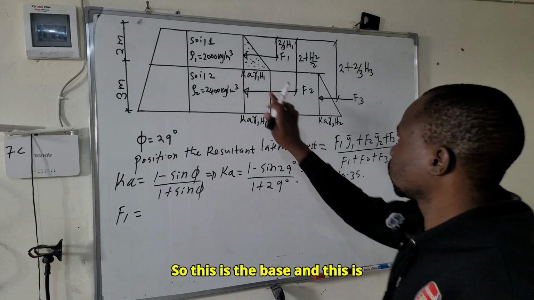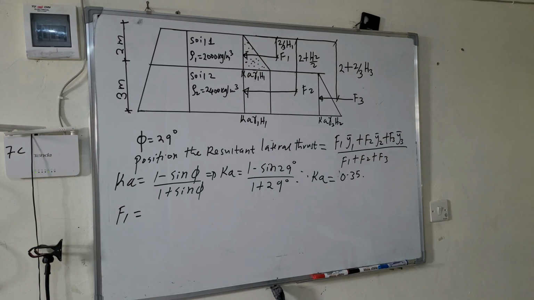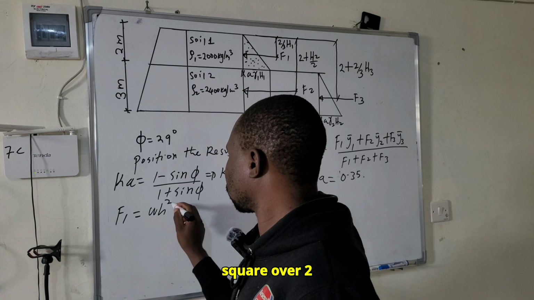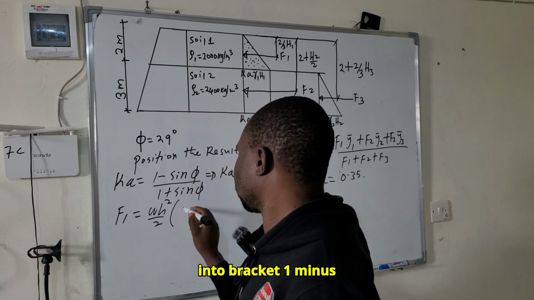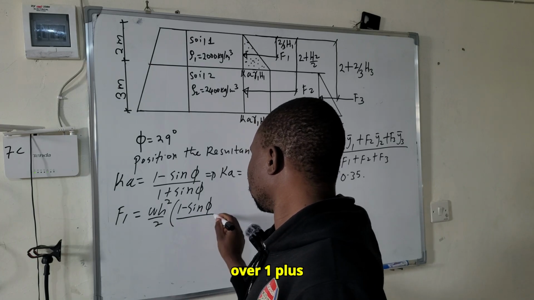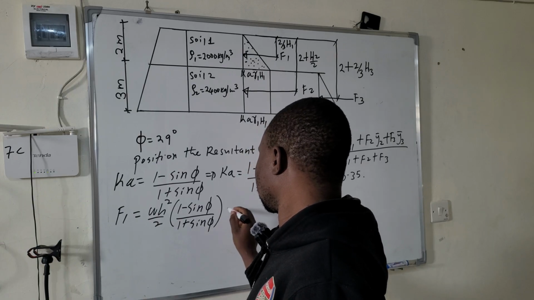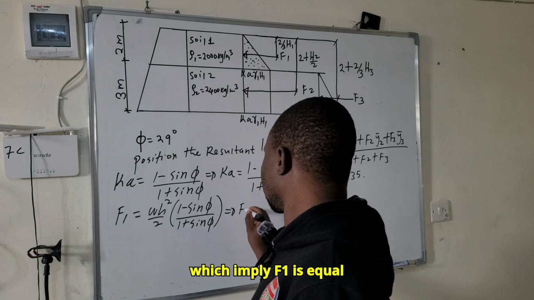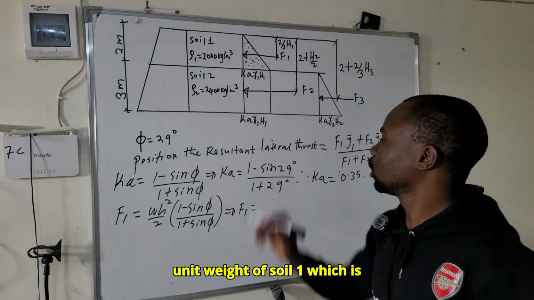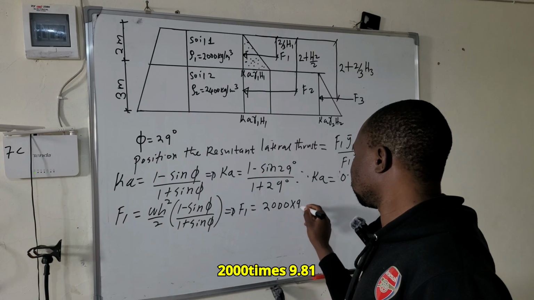So this is the base and this is the height, or WH square over 2 into bracket 1 minus sine phi over 1 plus sine phi, which implies F1 is equal to W, the unit weight of soil 1, which is 2000 times 9.81.